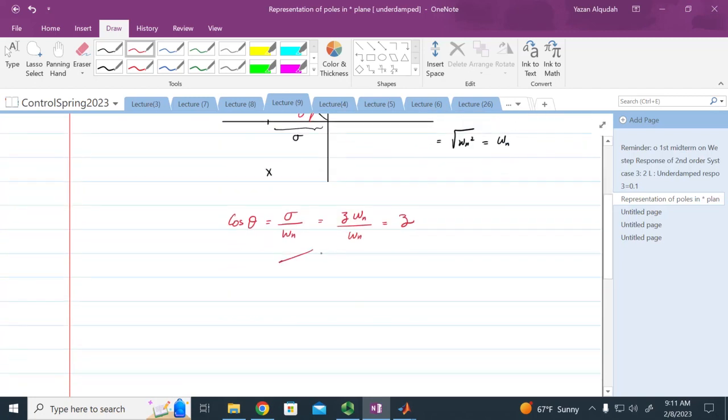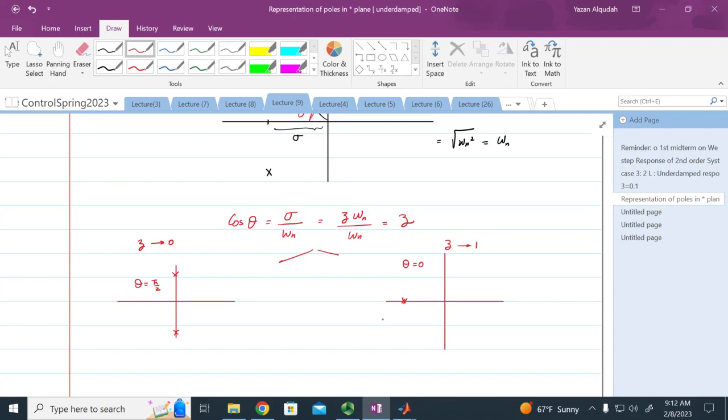So this is in the extreme cases. When zeta approaches 0, and when zeta approaches 1, theta is going to equal pi over 2, and theta is going to equal 0.